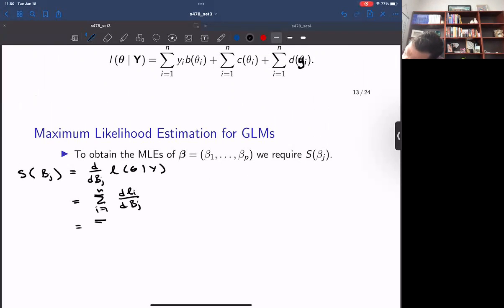And this can be written as the sum from i equals 1 to n of d l_i d theta_i times d theta_i by d mu_i times d mu_i by d beta j, by the chain rule.